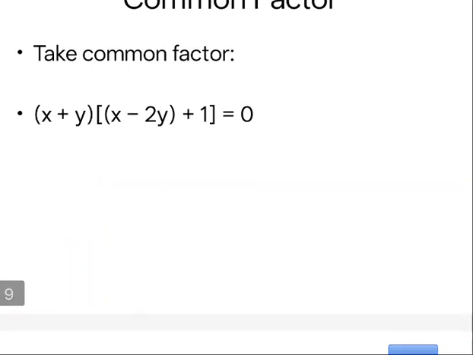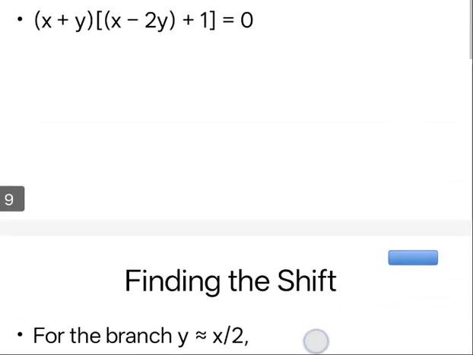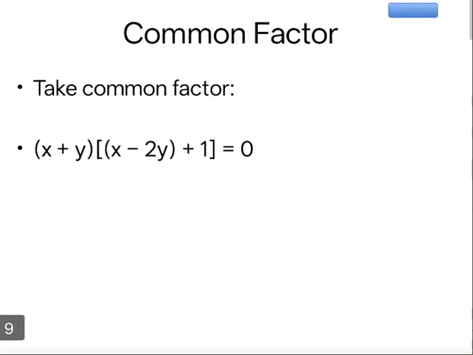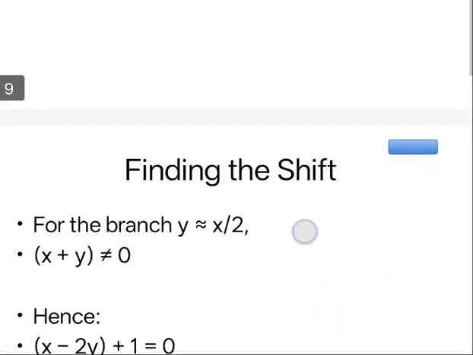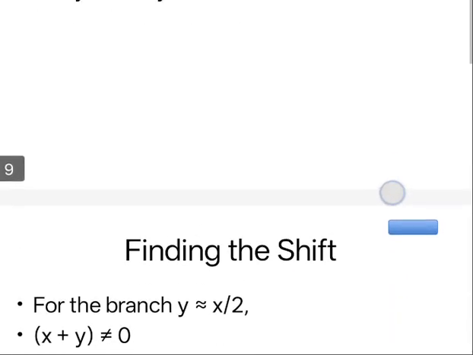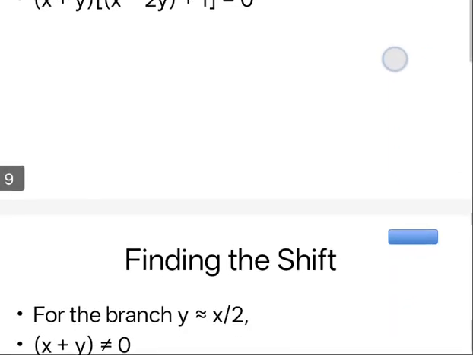Taking x plus y as common, we get x plus y into x minus 2y plus 1. Here x plus y is not equal to 0, because y is equal to x by 2 by taking that, since x tends to infinity. So the only possibility is that x minus 2y plus 1 is equal to 0.